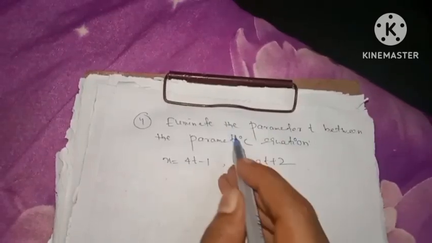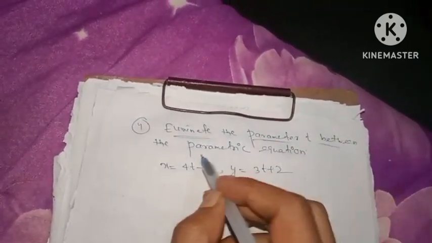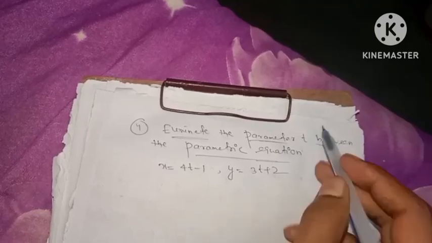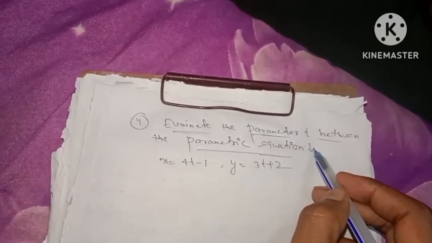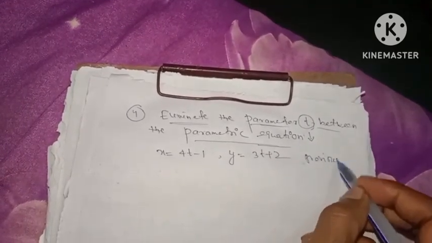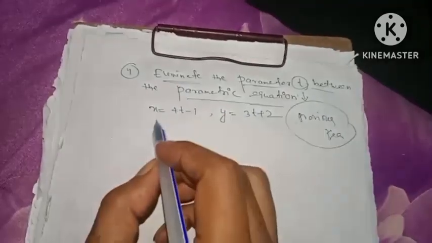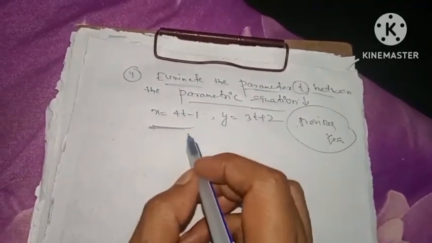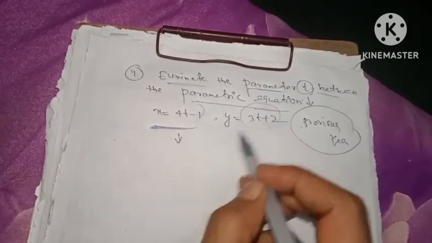The other question: how to eliminate the parameter t between the parametric functions. So t is the parameter, and we will find how to eliminate t. How to solve these questions? This is the parametric equation, because x is equal to 4t minus 1 and y is 3t plus 2.